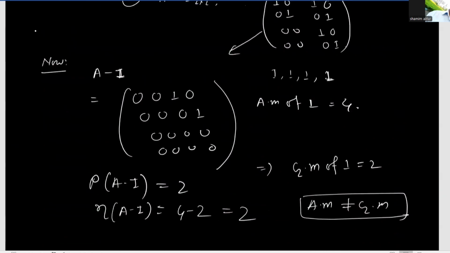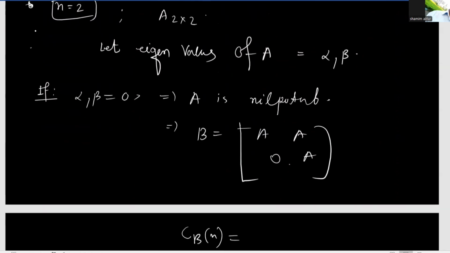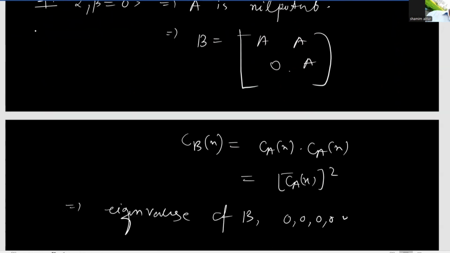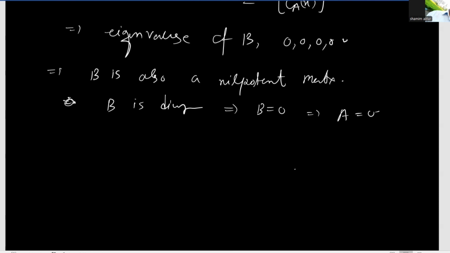So in this case, when all eigenvalues are 0, it is true that A is the 0 matrix. Now the eigenvalues are non-zero: alpha and beta not equal to 0. And if the eigenvalues are equal, that is alpha equal to beta.